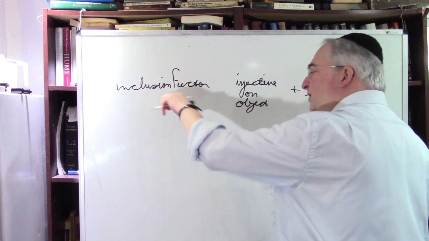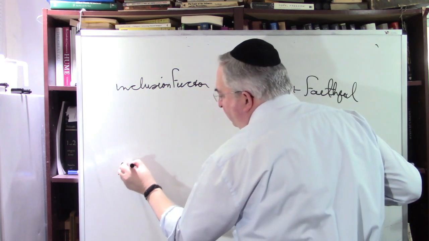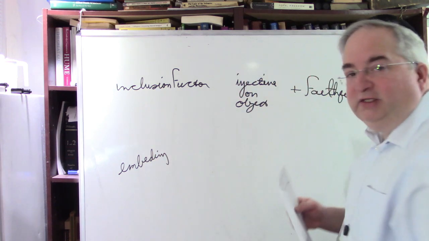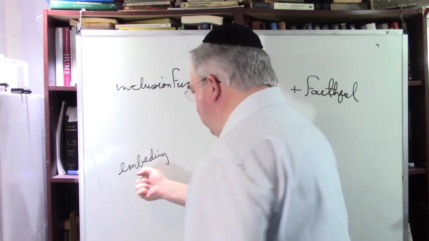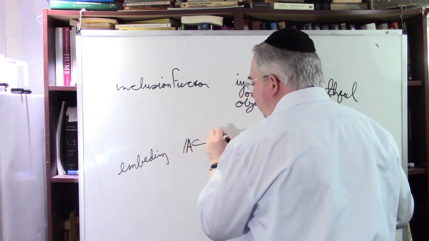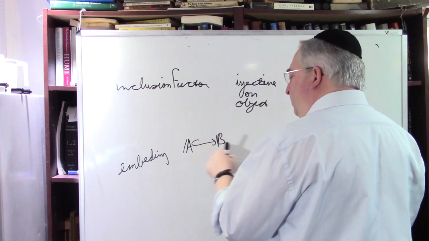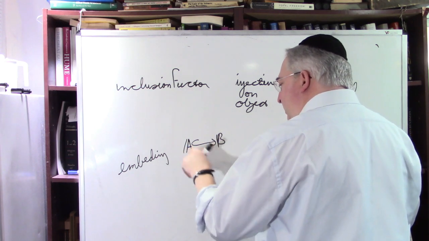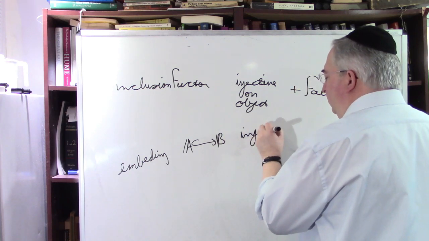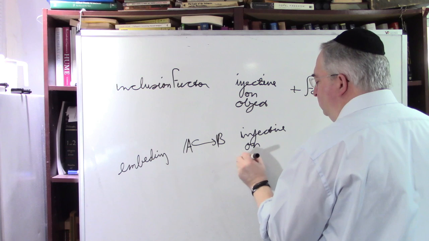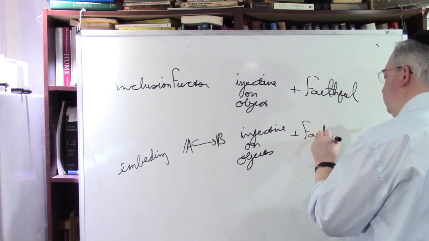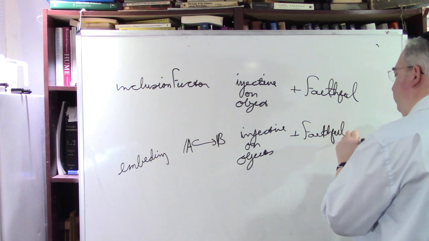Now I want to talk about a special type of inclusion functor called an embedding. Embedding means literally it goes into, so we write it like this, A embeds into B, same notation. What we mean is that this is injective on objects, just like before, plus faithful, just like before.